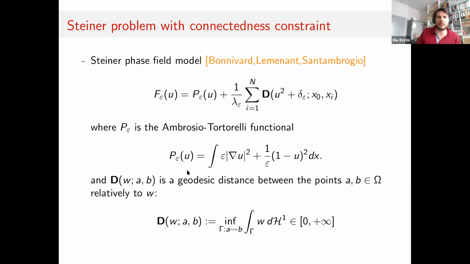So in a recent project in France, ANR Geometria, different models were proposed to tackle the Steiner problem in dimension 2. For instance, Mathieu Bonnivard, Antoine Lemenant, and Filippo Santambrogio proposed to couple an Ambrosio-Tortorelli functional with a geodesic term, which penalizes, in fact, the distance between each point, with the weight given by U.